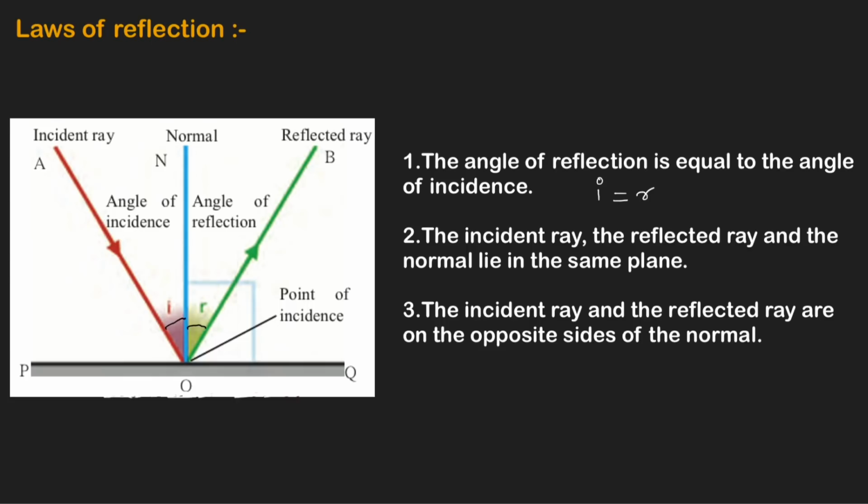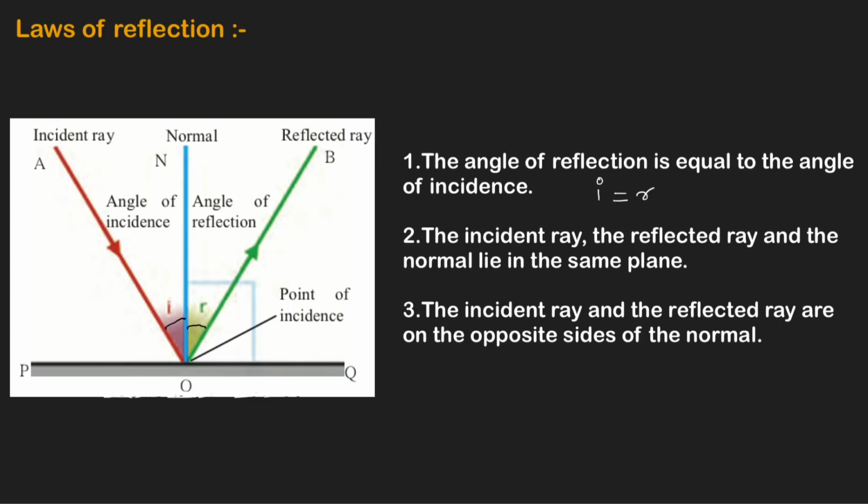Now the first law of reflection says that the angle of reflection is equal to the angle of incidence, meaning angle of incidence i is equal to r. These angles are equal. The next law says that the incident ray, the reflected ray and the normal lie in the same plane.